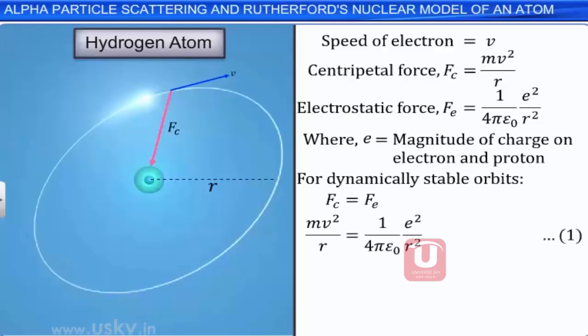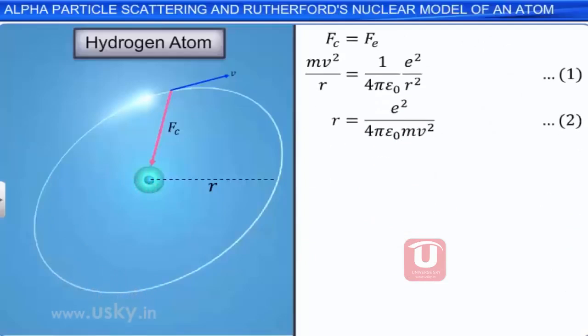On simplifying equation 1, we get the radius r is equal to e squared by 4 pi epsilon naught m v squared. Let this be equation 2. From equation 1, we also have v squared is equal to e squared by 4 pi epsilon naught m r. Let this be equation 3.